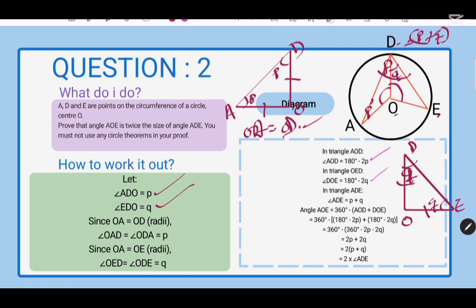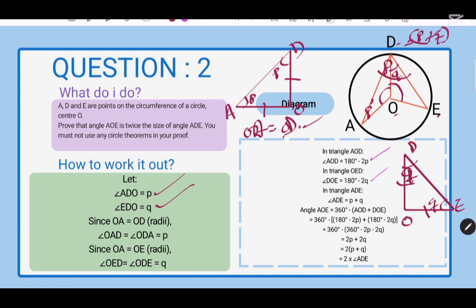Angle AOE is equal to what? Looking at this triangle, we have 360 minus AOD minus DOE. AOD is 180 minus 2p, and DOE, we have seen it already, is 180 minus 2q.